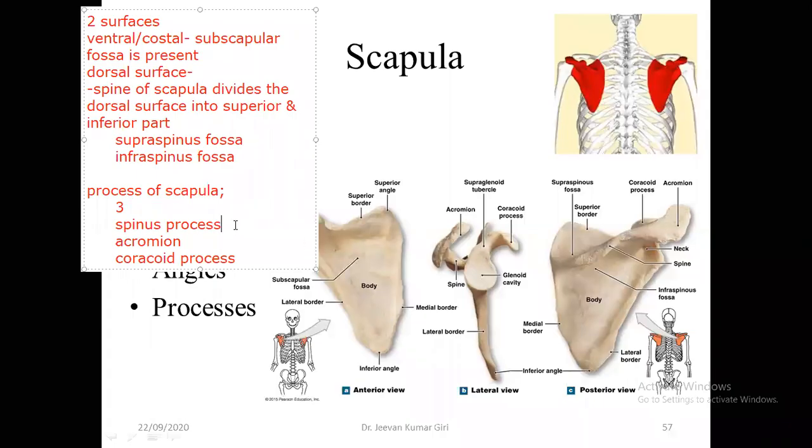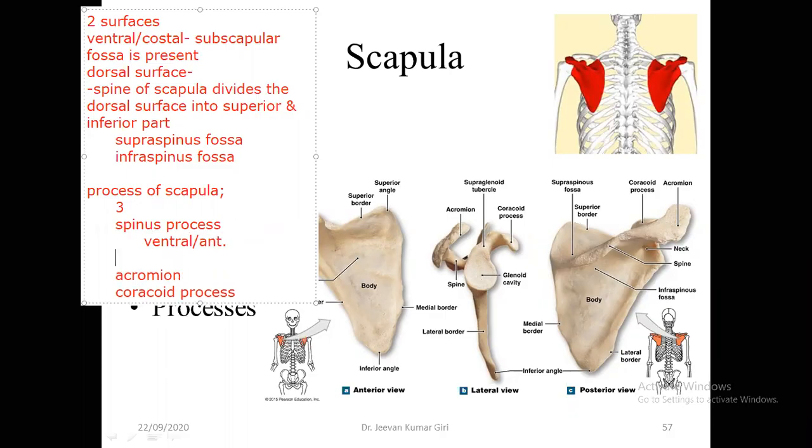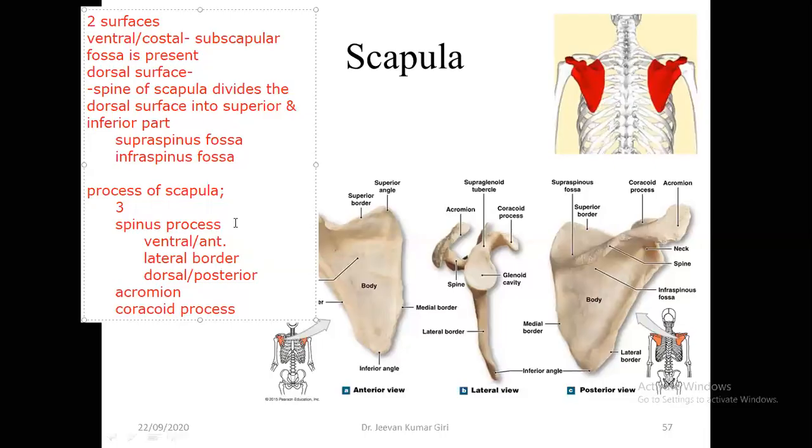It has a triangular shape, so it has three borders. The three borders are the ventral or anterior border, the lateral border, and the dorsal or posterior border.